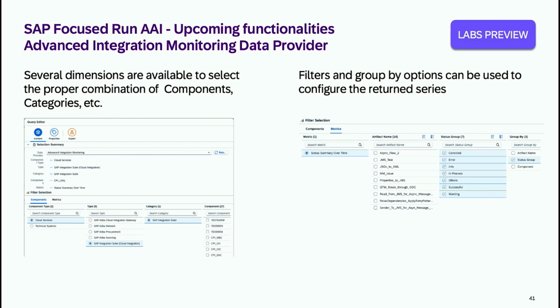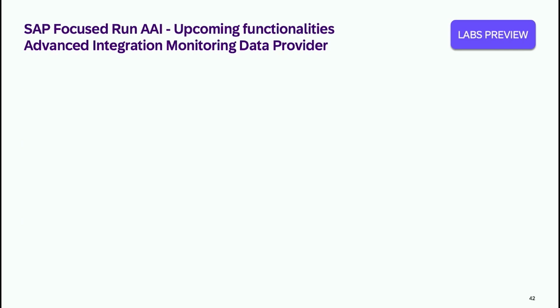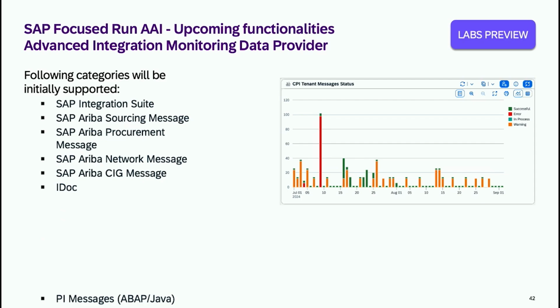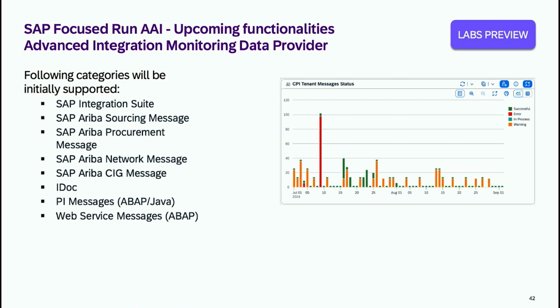Of course, when you provide group by options or the possibility to drill down using different dimensions at the same time, there is a risk that the number of series might explode. So there are some limitations, okay, to the number of series that can be displayed. But in the end, you will be able to configure these categories initially, okay?